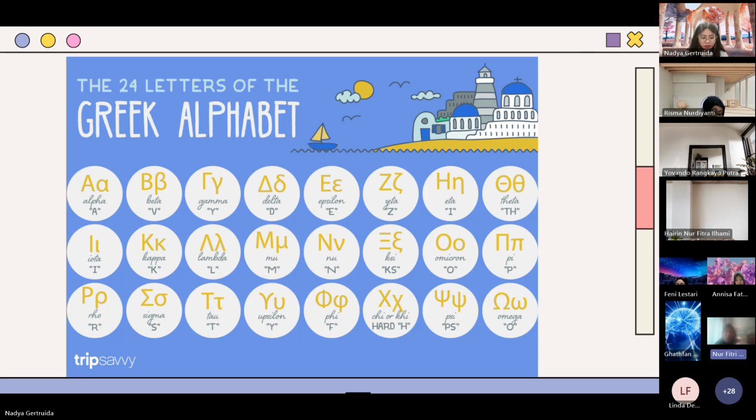And like O is omicron. This is the symbol pi. And this is rho, like the symbol P in the alphabet. And the next is sigma. The next letter is tau, and the next is upsilon, T, and omega.